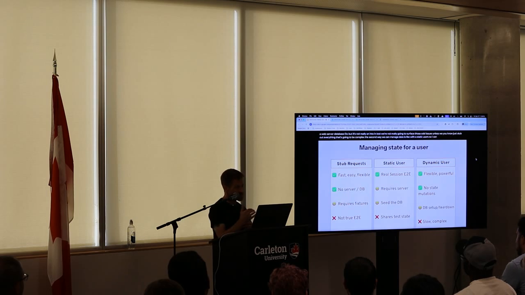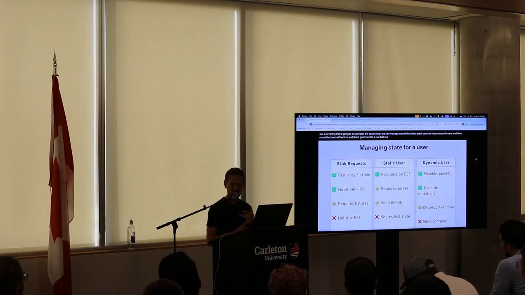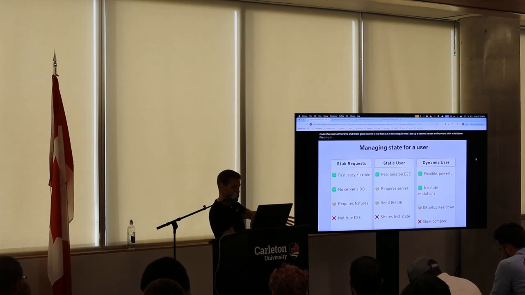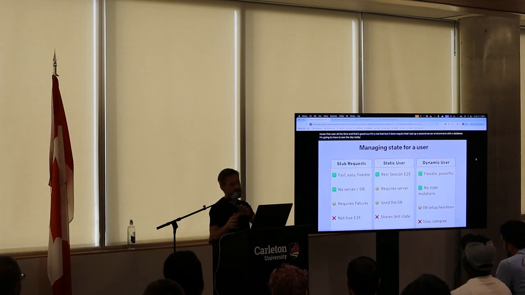The second way we can manage state is like with a static user. So I could create the user and then reuse that user all the time. And that's good because it's a real end-to-end test. But it does require that I set up a second server environment with a database. I'm going to have to seed the database. I'm either going to have to export from something else and import, or have a SQL file ready to go that I can ingest.